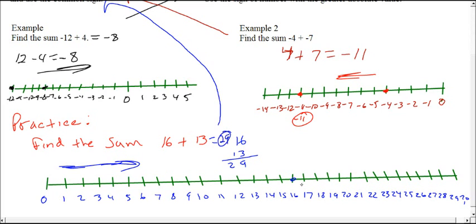And we're going from there 13 units. 1, 2, 3, 4, 5, 6, 7, 8, 9, 10, 11, 12, 13, and that's at 29. So checking with the number line, 16 plus 13 does equal 29.